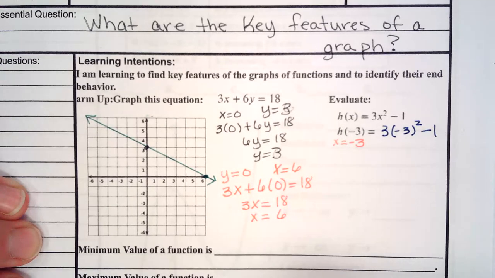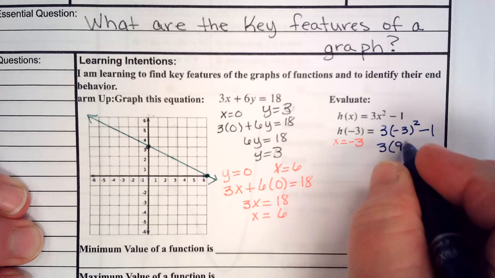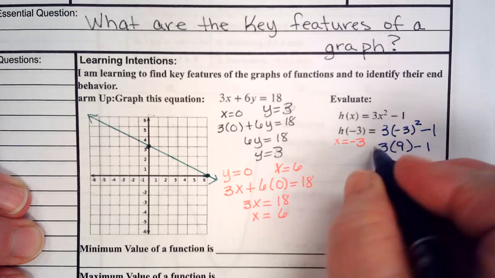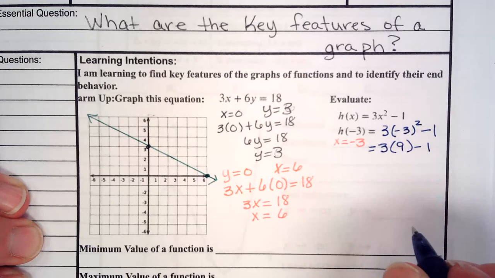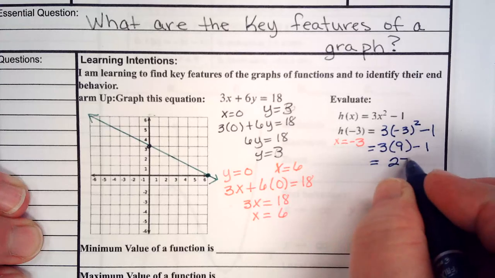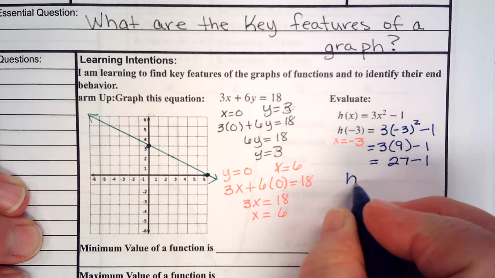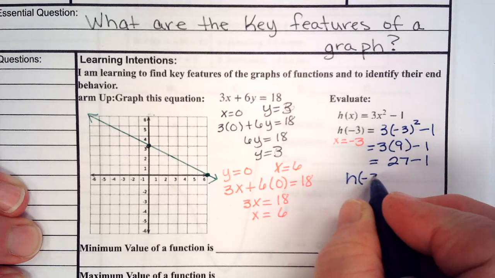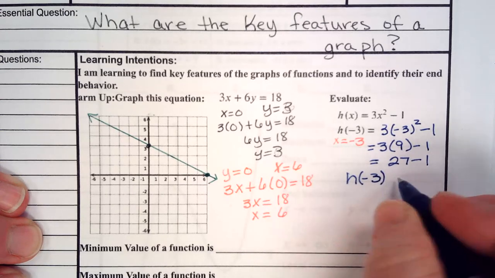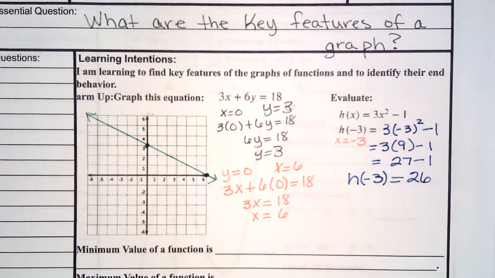Negative 3 times negative 3 is 9. So I've got 3 times 9 minus 1. 3 times 9 is 27. 27 minus 1. So when I take h and I substitute negative 3 in for x, my answer is 26.